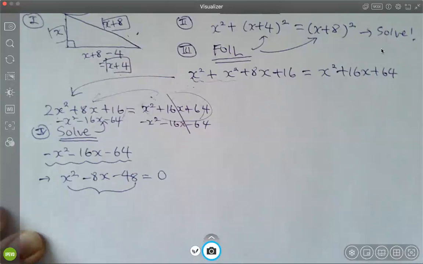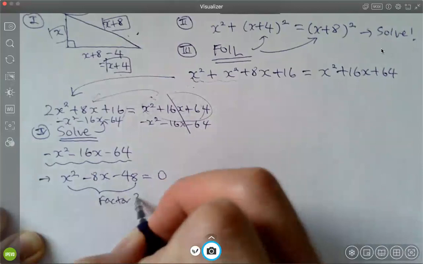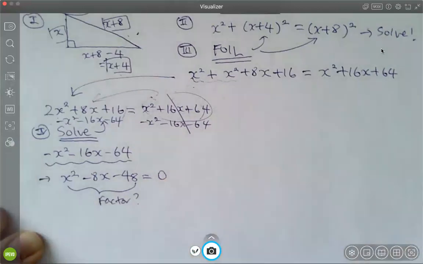So you always have to wonder whether certain things can be factored. So can we factor this? Yes, we can. Now, what are the two numbers? 12 and 4.